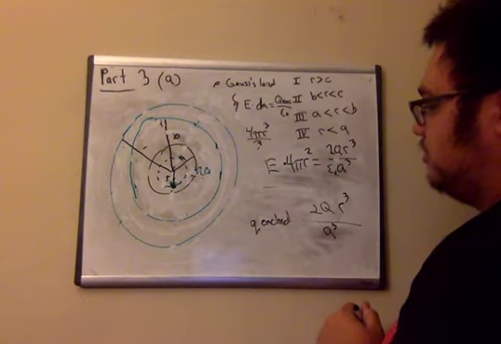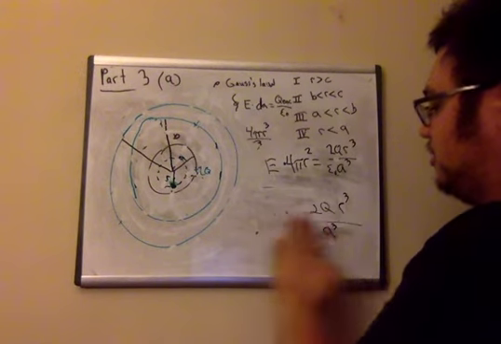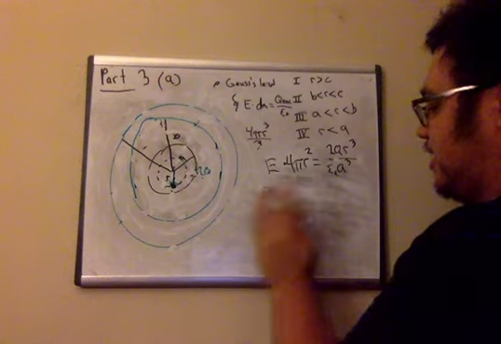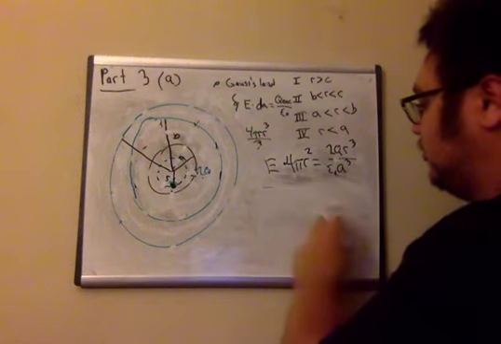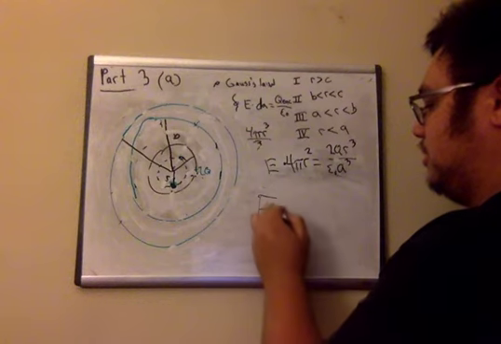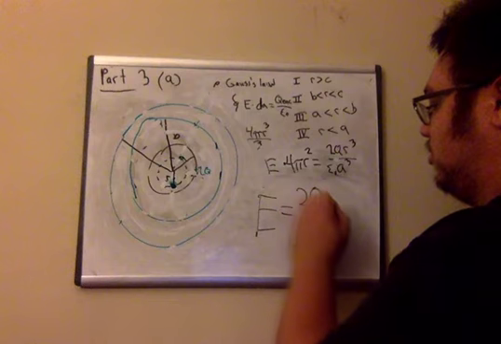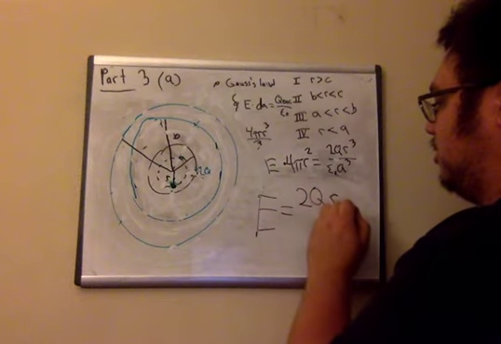So now, to figure out what E is, the electric field, we just have to divide over. So we get that the electric field is equal to 2q r.